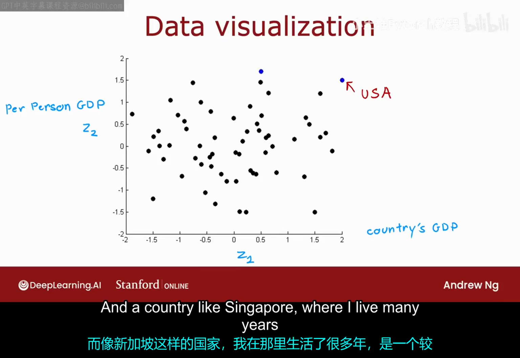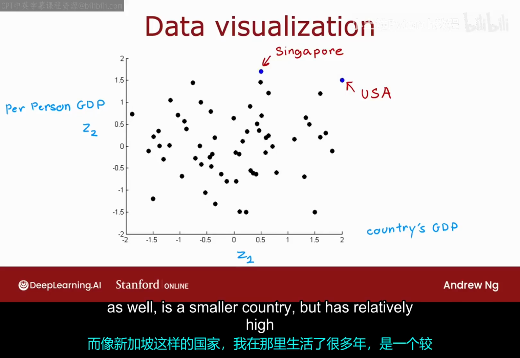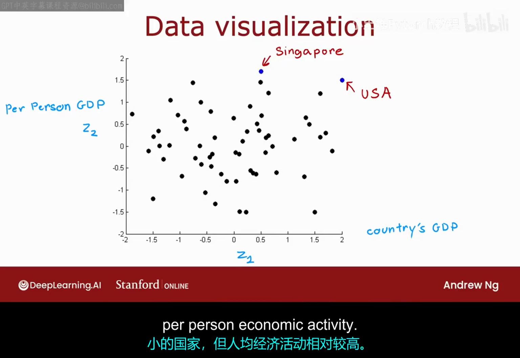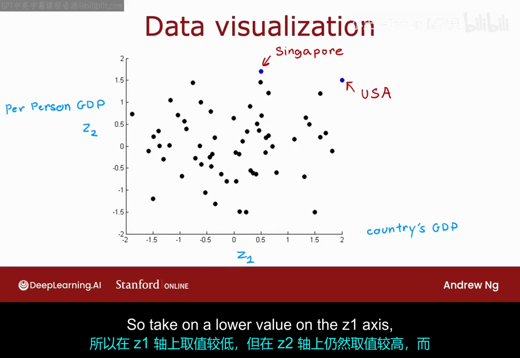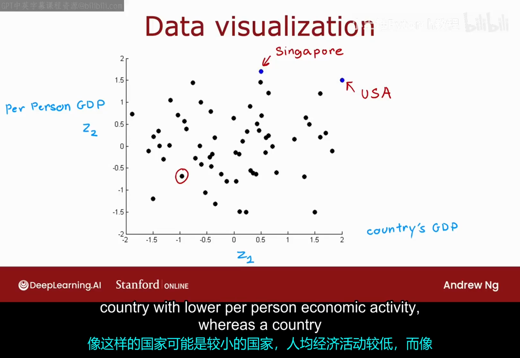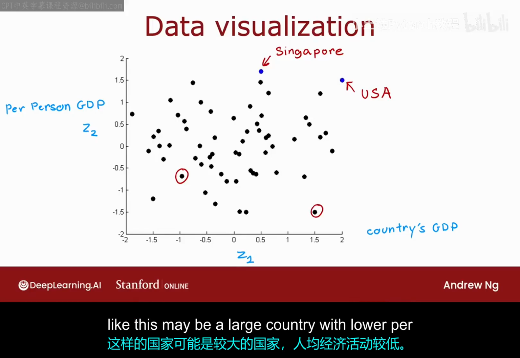And a country like Singapore, where I lived many years as well, is a smaller country, but has relatively high per person economic activity. So it takes on a lower value on the z1 axis, but still a relatively high value on the z2 axis. Whereas a country like this would be maybe a smaller country with lower per person economic activity, whereas a country like this may be a large country with lower per person economic activity.